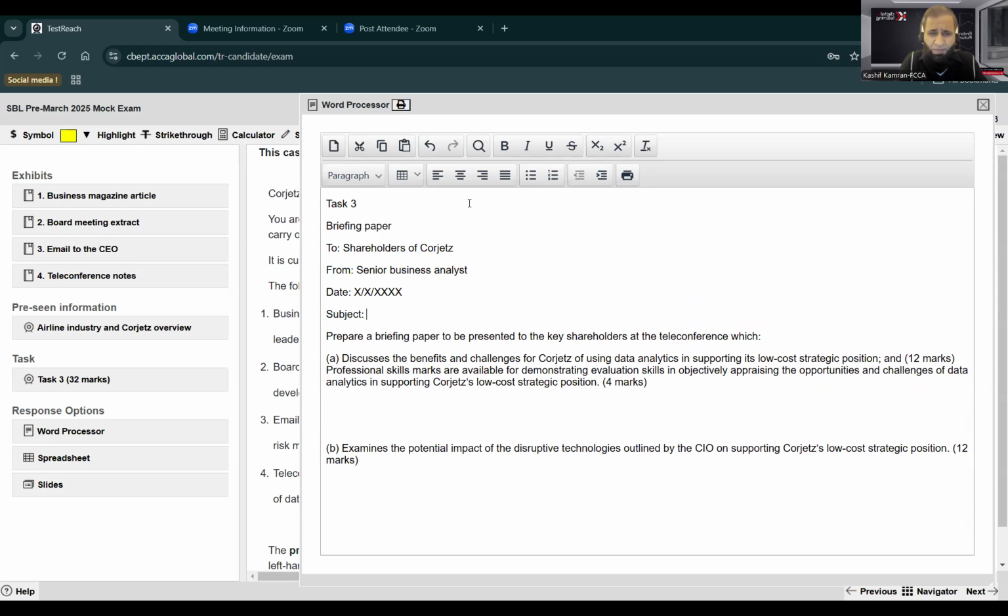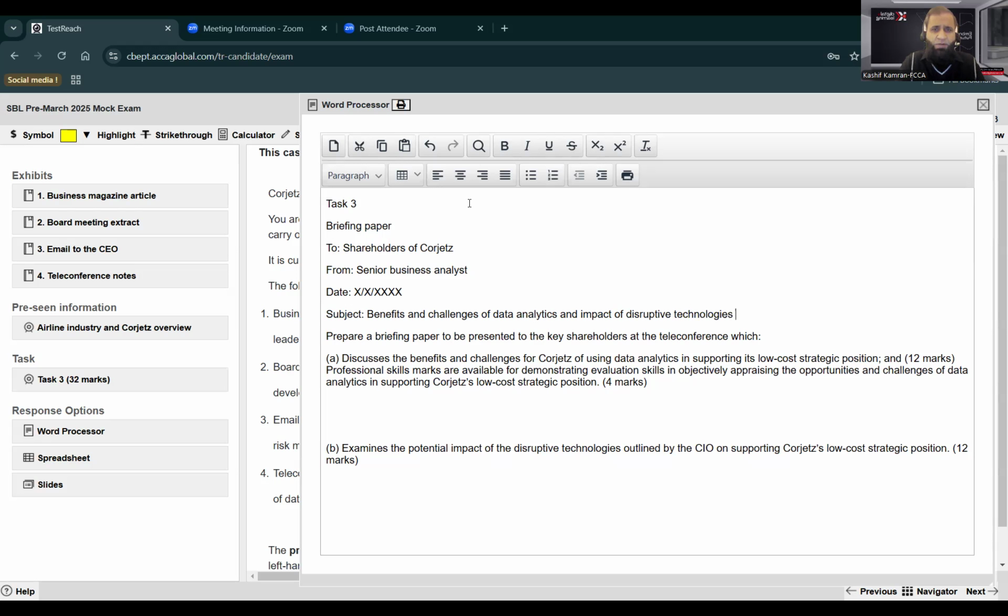The subject of this briefing paper is to look into the benefits and challenges of data analytics and impact of disruptive technologies.